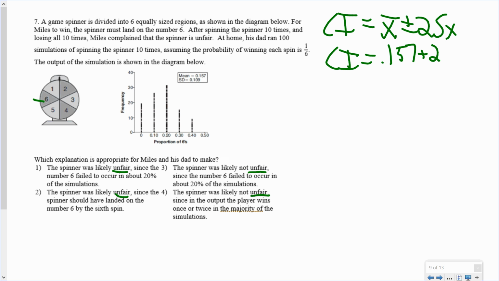0.157 plus 2 times 0.109, 0.157 minus 2 times 0.109. I'll leave myself a lot of space there.